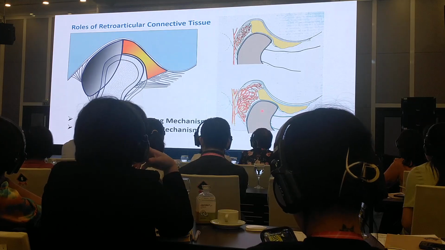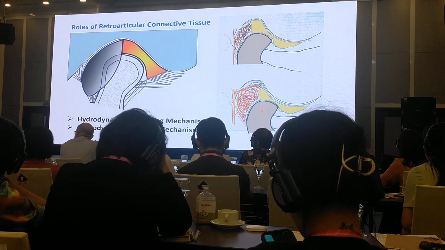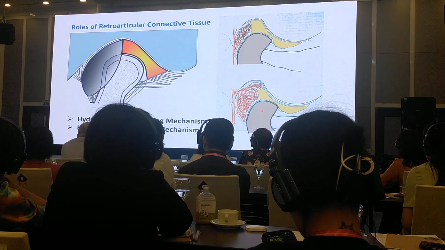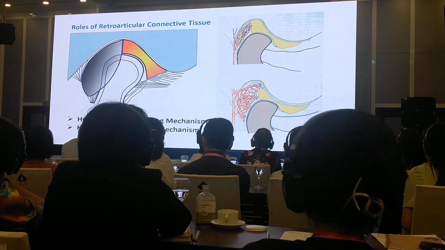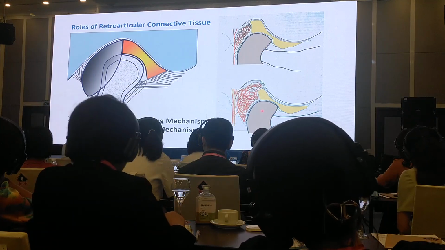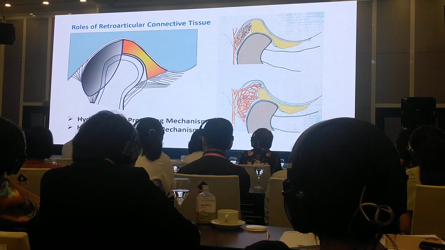Speaking, the mandible always moves forward, right? How many millimeters does it go forward? I measured and published one paper. Usually, normally, maximum 3 millimeters, maximum.